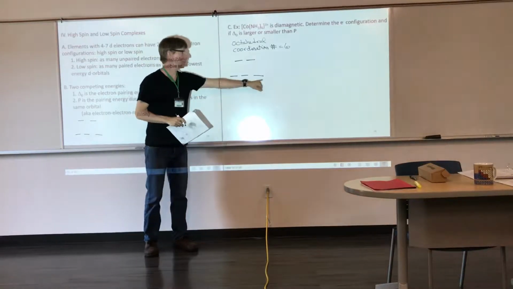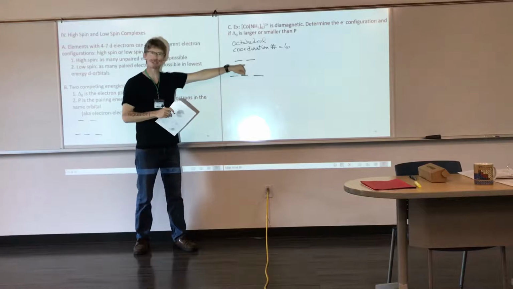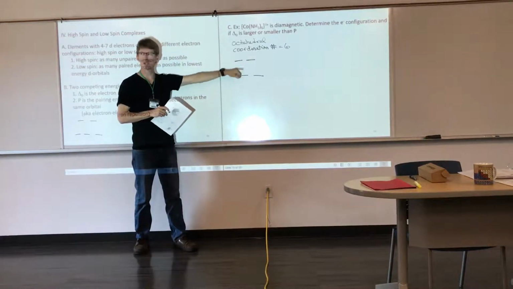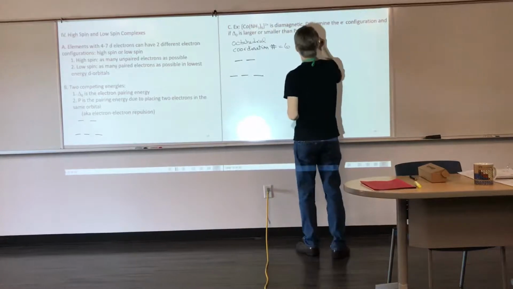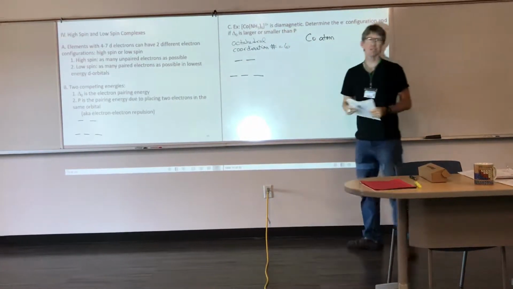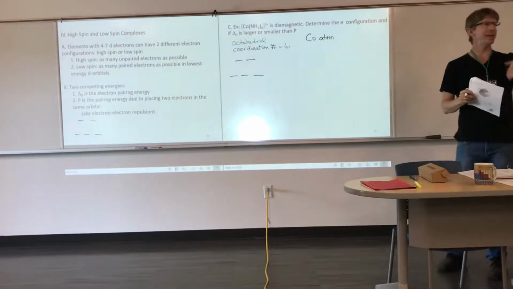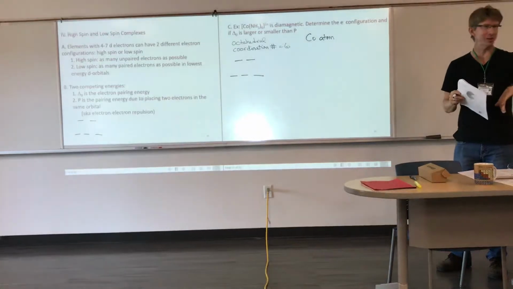Again, I know it's been a little while. We don't have to know which d orbitals these are necessarily. We just have to know that there are 3 low and 2 high. Then I'm going to come over here and talk about the cobalt atom. What I'm really interested in is the cobalt ion's electron configuration.